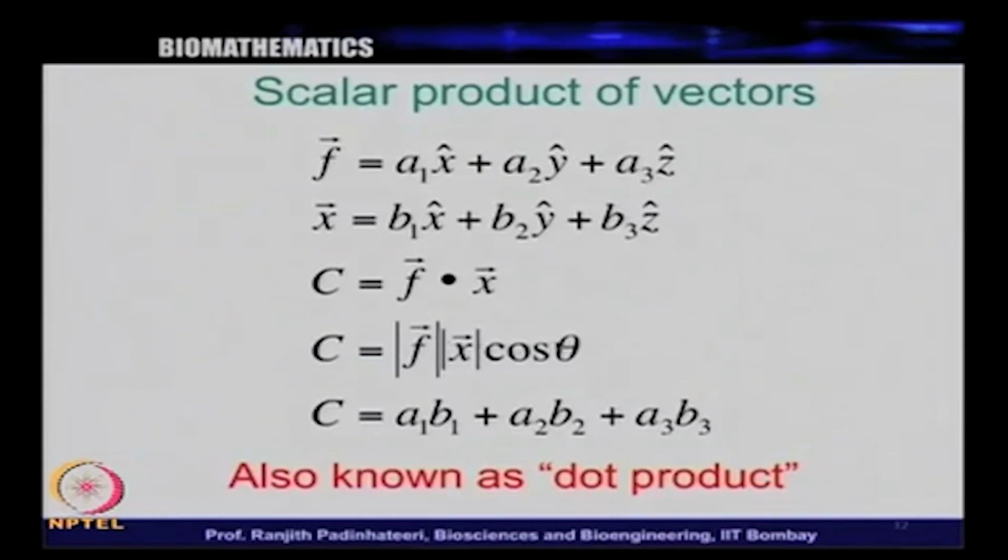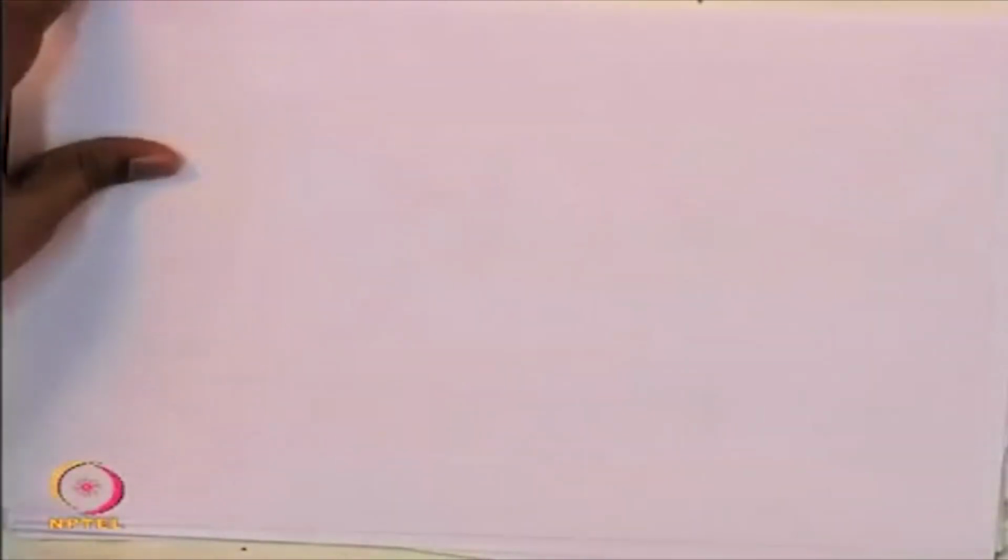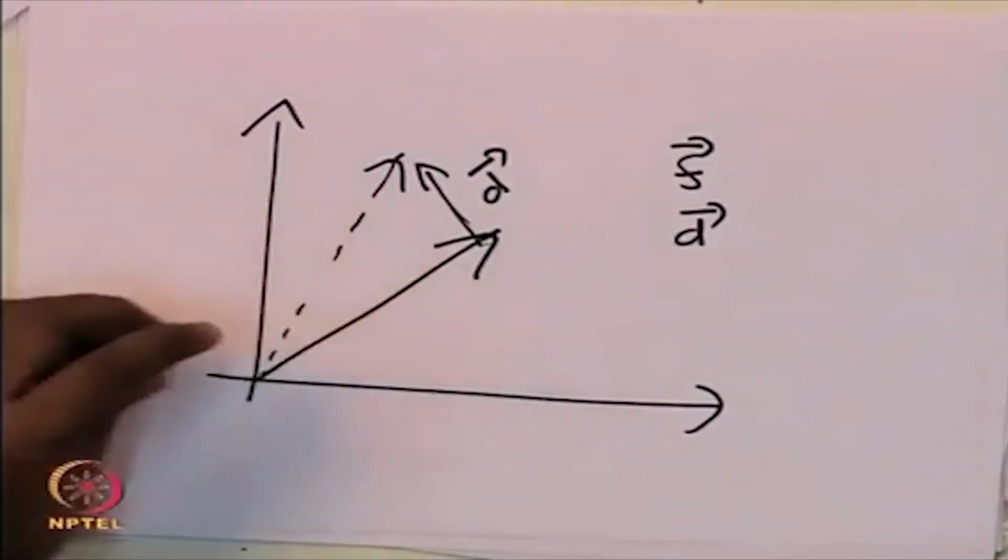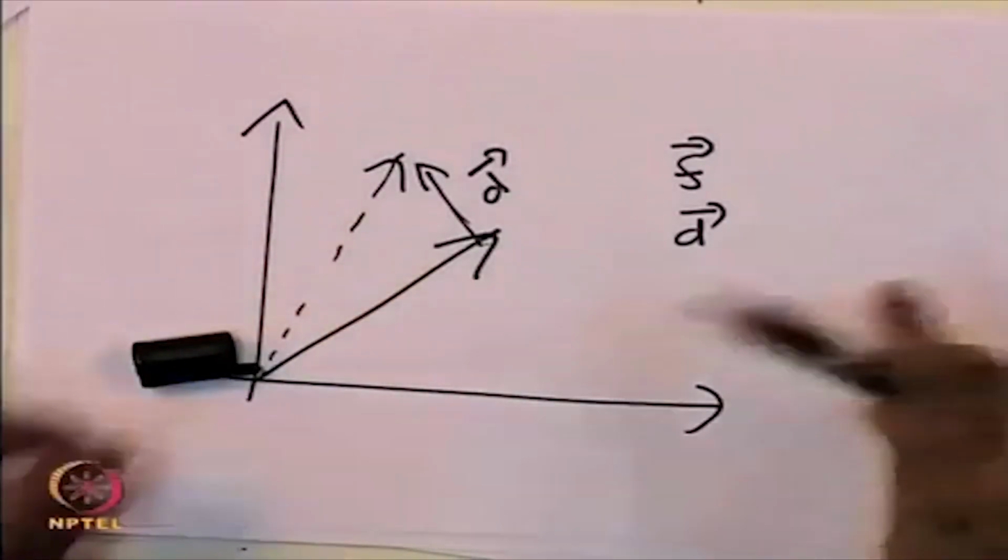Let us have a look carefully at how exactly this is defined. We said that I have some object here, and we had discussed this.